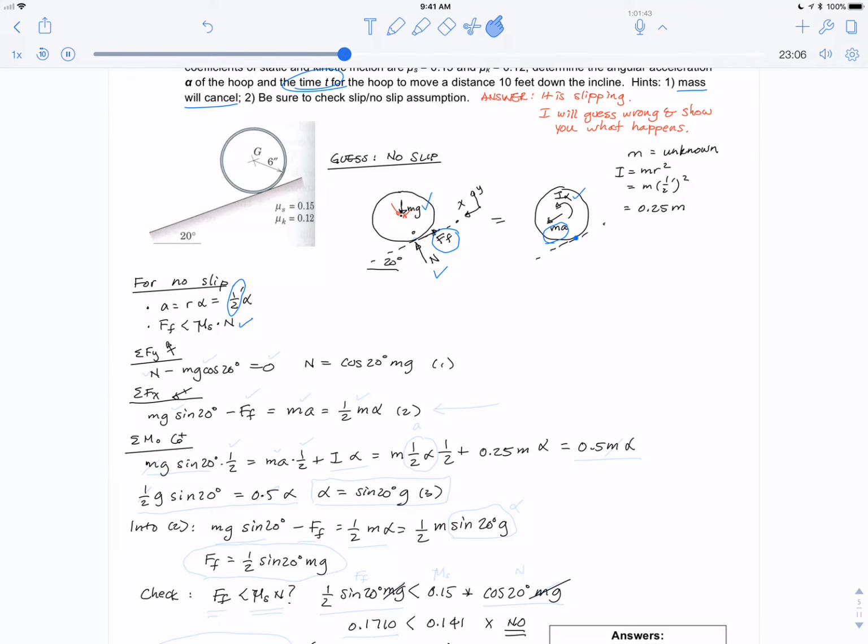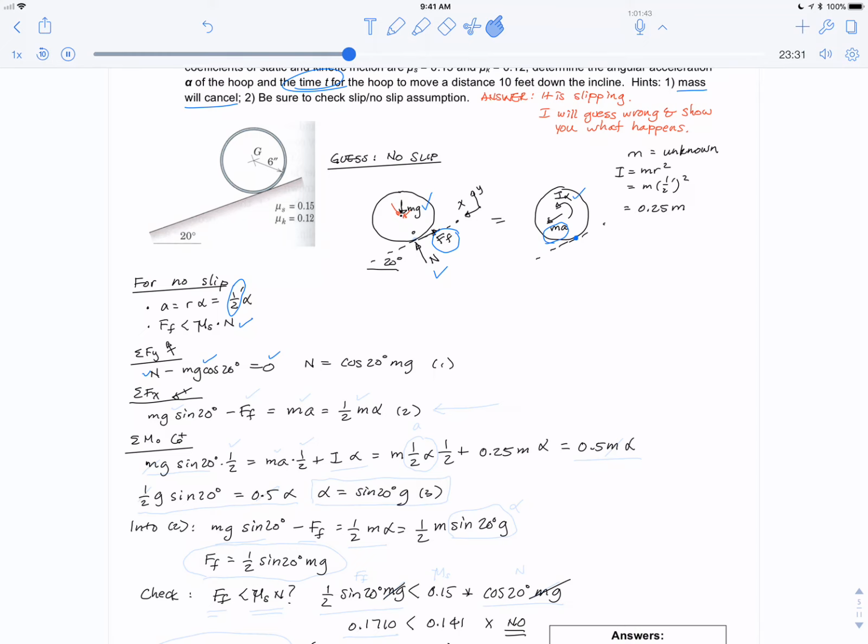So N is going up, the weight cosine 20 degrees is going down, so negative. And on the right-hand side, there's no y acceleration because, again, the ring is not hopping up off of the ground, so that's 0. And so you immediately solve that for N equals the weight times cosine 20 degrees. We don't know the mass, so it'll be m times g times cosine 20 degrees.